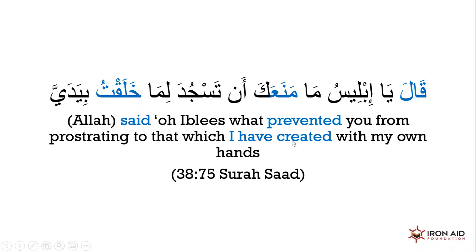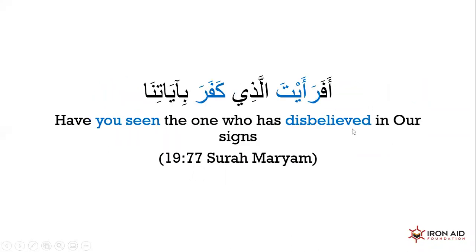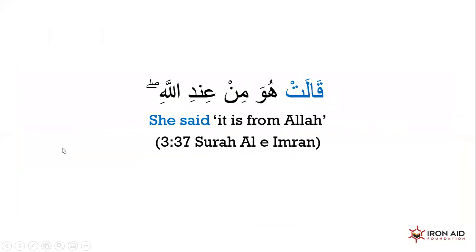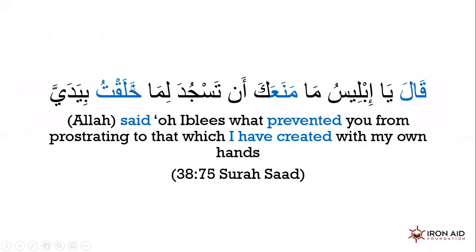If we go back, the addition of ta with a dhamma, tu, would give the meaning of I did. So we see khalaqtu, fa'altu. So lima khalaqtu, I created, biyadayya, with my hands. So Allah said, O Iblis, what prevented you from prostrating to that which I have created with my own hands?